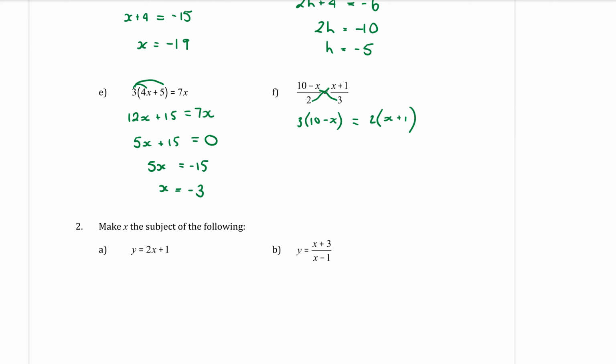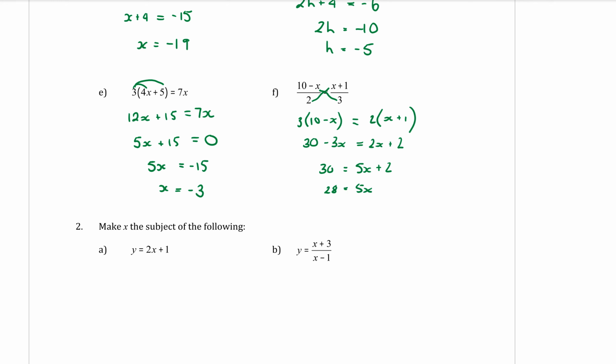So 3 times 10 is 30 minus 3x equals 2x plus 2. Pronumerals on both sides, minus 3 is actually smaller. So I'm going to add 3 to the other side. 30 equals 5x plus 2. Move the 2 away, so I'm actually working from the right-hand side at the moment. Minusing the 2 would give me 28 equals 5x.